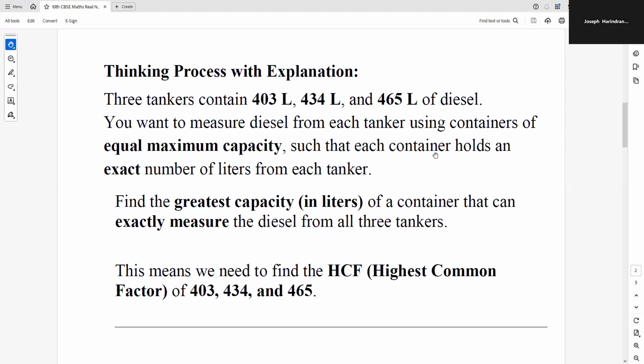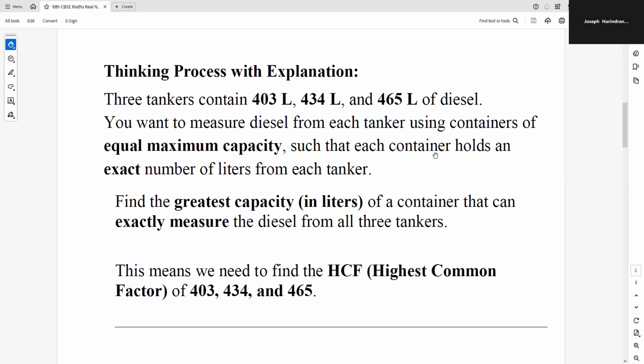So here, the greatest capacity in liters of a container that can exactly measure the diesel from all the 3 tankers. This means we need to find the HCF, the highest common factor, that will exactly divide these 3 capacities, 403, 434, and 465.